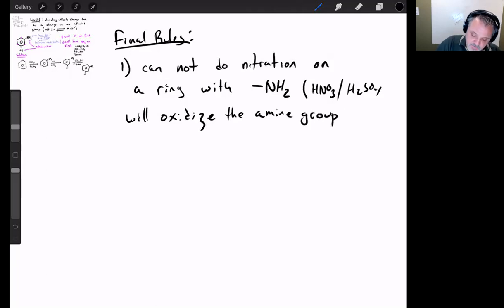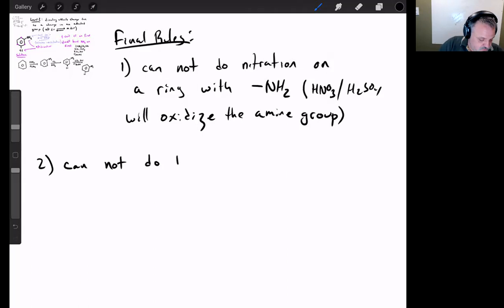And you'd get a messy soup of unseparatable products. The other one I think I've already mentioned before, and that's about doing Friedel-Crafts acylation or alkylation on a ring that's deactivated.